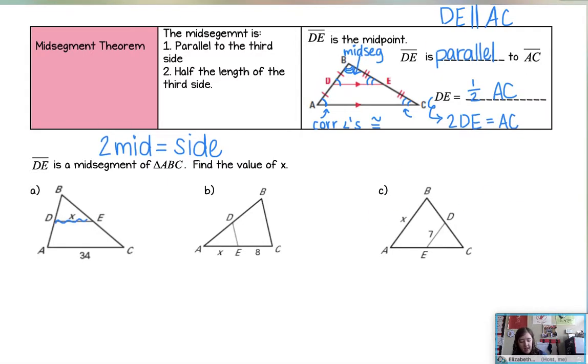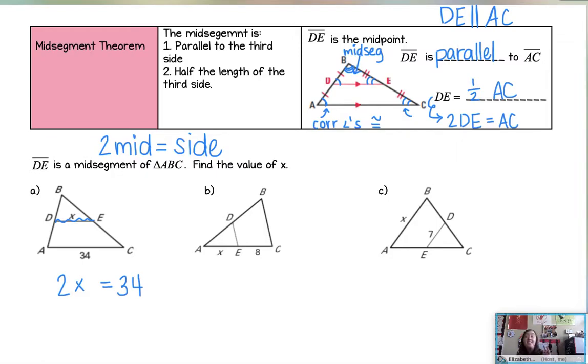In A, X is on that midsegment. So in that 2 times the midsegment equals the side, since X is my midsegment, X is going to go in for midsegment. And then my third side is 34, so I'm going to set that equal to 34.